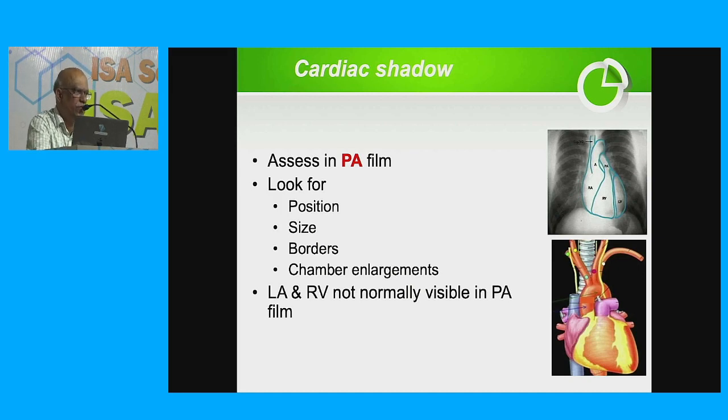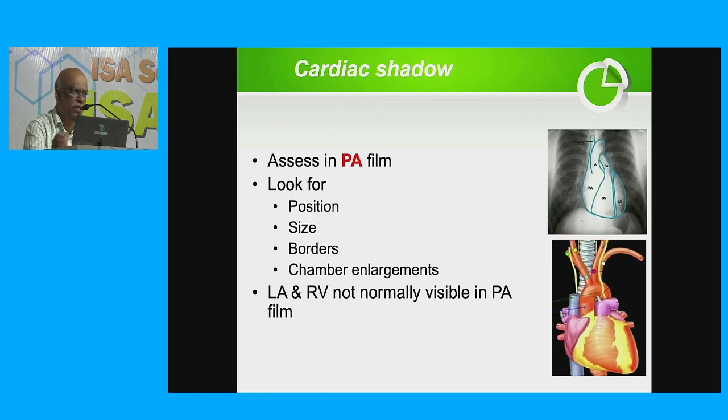Can you mention some condition where the silhouette is lost? What is the silhouette sign? Any intrathoracic structure opacity which is in contact with the heart, the aorta or the diaphragm may obscure the normal border of the heart. Anything which obscures the normal sharp contour of an anatomical structure by a pathological structure like a tumor or something else, when it is blurred, we call it a silhouette sign.